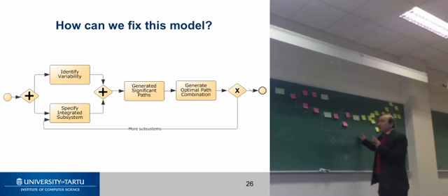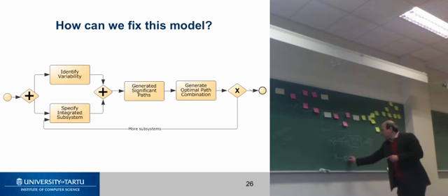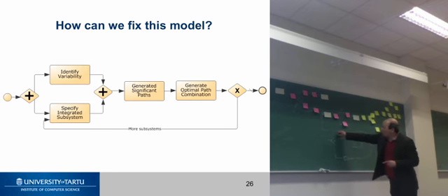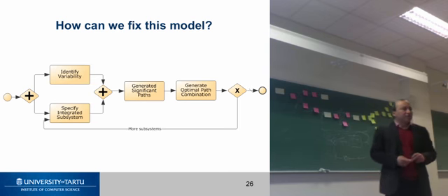If there are more, then I duplicate that activity, specify integrated subsystems, and then I have an XOR split. If I am done, then I go here. If I need more, then I go back to this activity. And that should do the job.